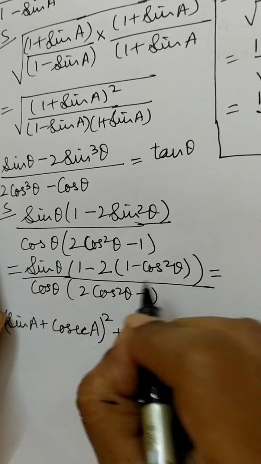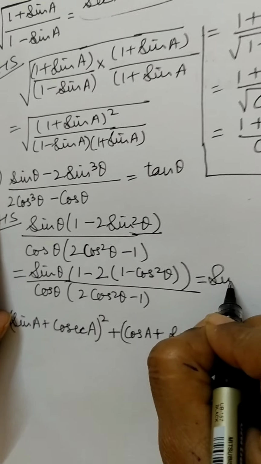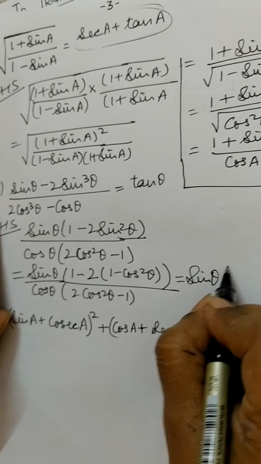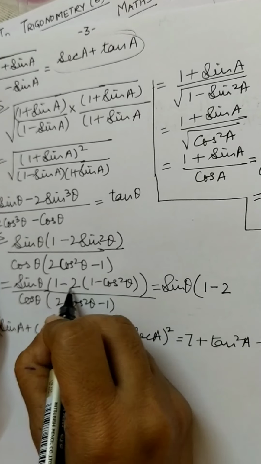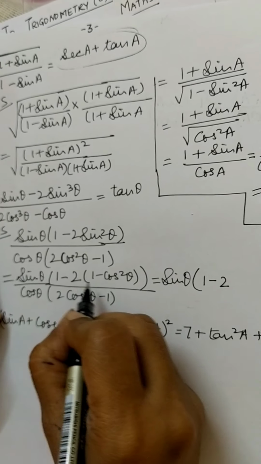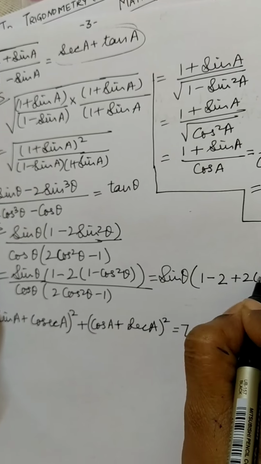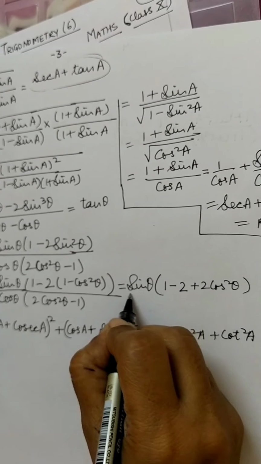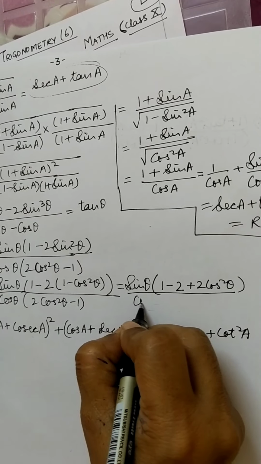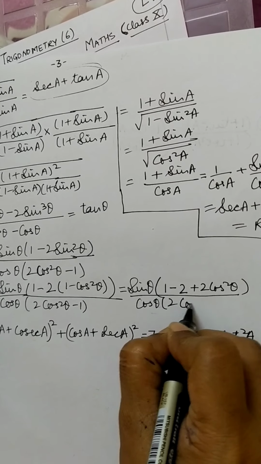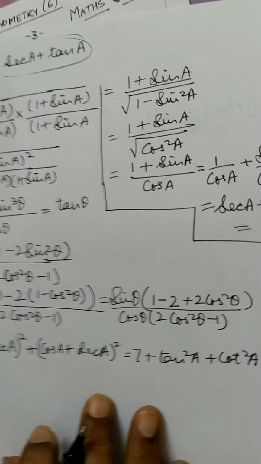So when we simplify it, sin theta, open this bracket, 1 minus 2 plus 2 cos square theta upon cos theta times 2 cos square theta minus 1.